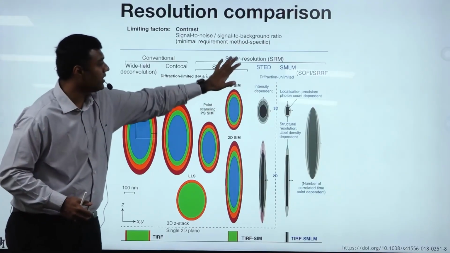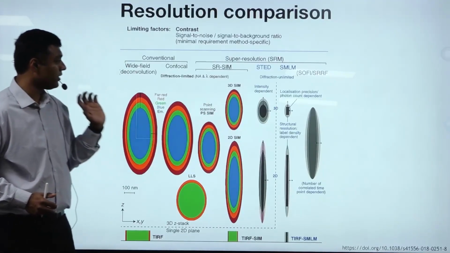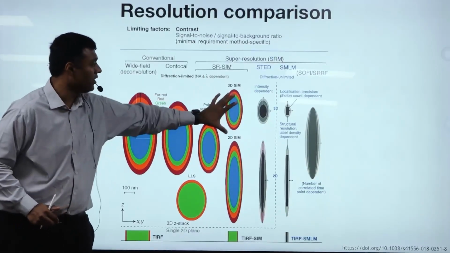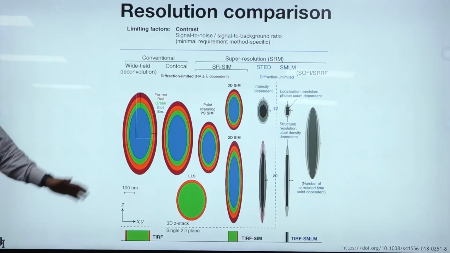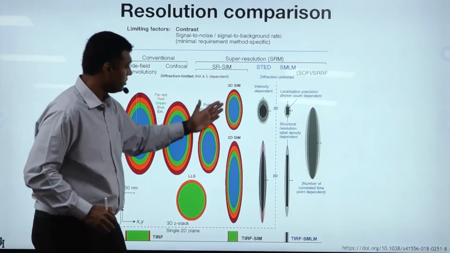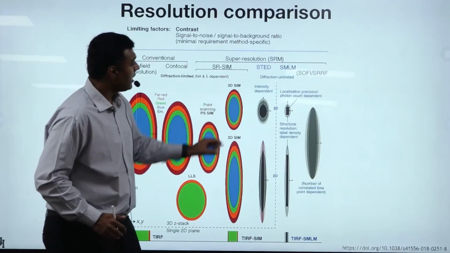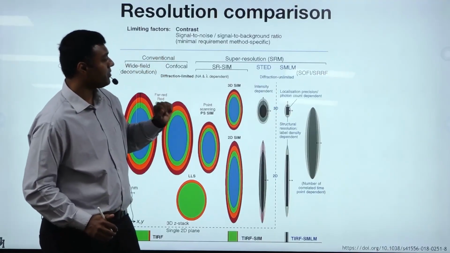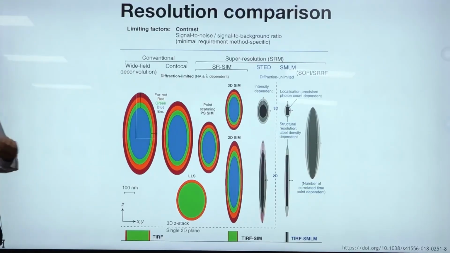Then these are the super resolution methods, which go smaller than regular confocal. Structured illumination doubles or halves the size of this in different dimensions. This is structured illumination in 2D and 3D, and those are slightly different. Then STED is over here, and PALM, STORM and the other blinking versions are over here.